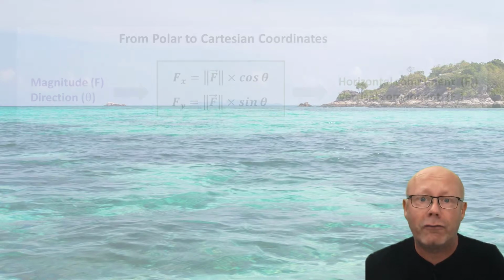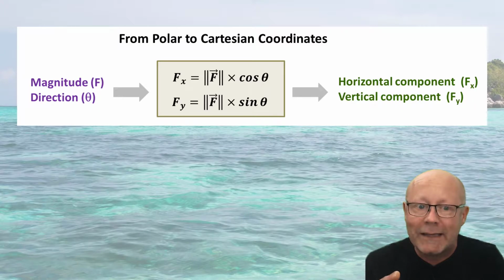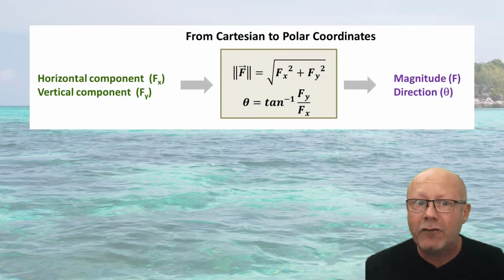In the previous video, we learned how to convert from polar coordinates to Cartesian coordinates. This means finding the horizontal and vertical components of the vector from its magnitude and its angle in reference to an axis. We also learned how to calculate the magnitude and orientation of the vector from its horizontal and vertical components.